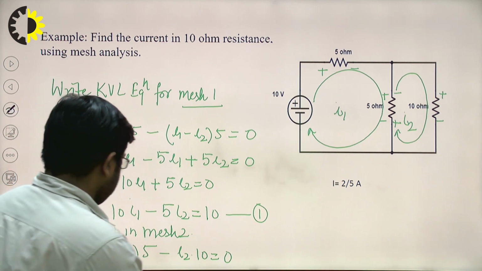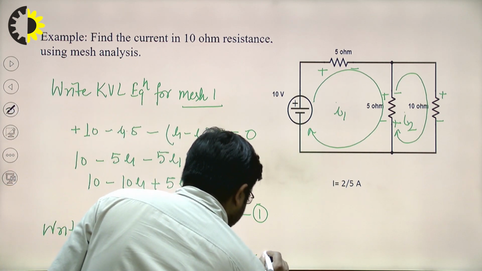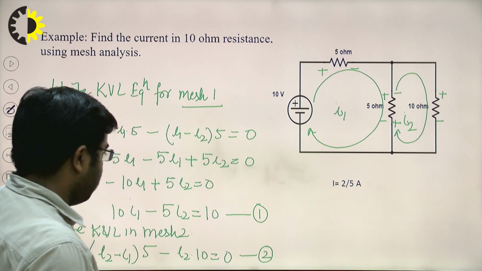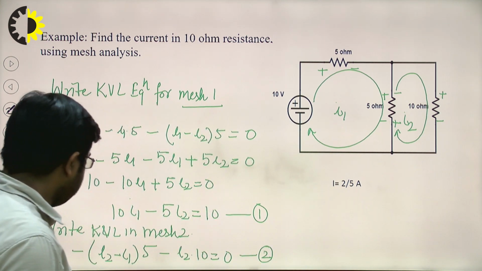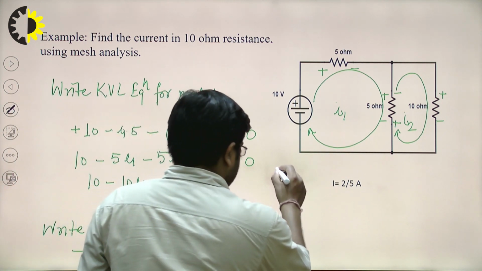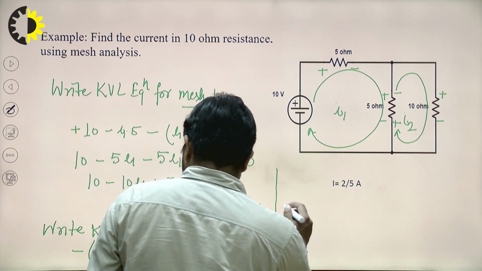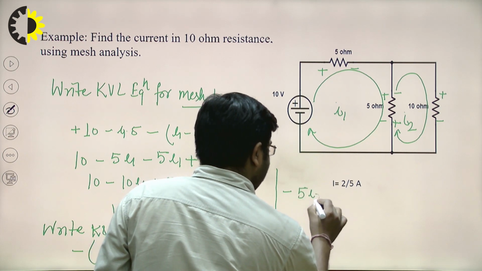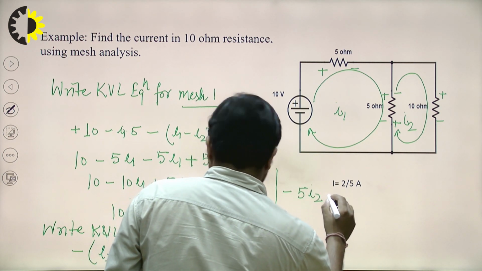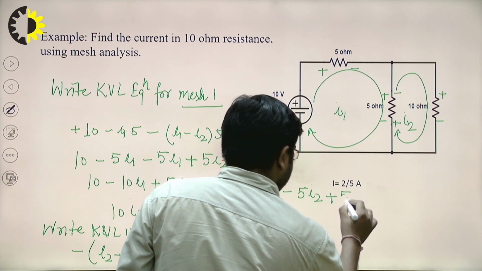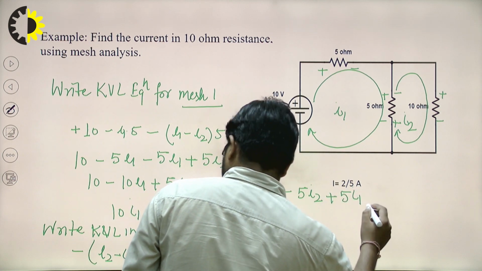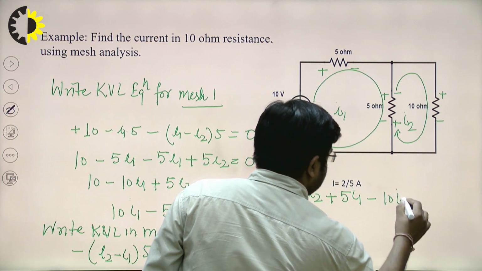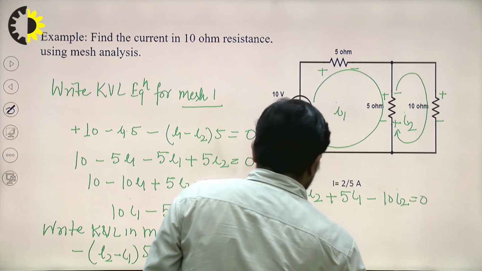So from this equation you can write, this is equation number 2, suppose, sorry, first rearrange this equation. So here you can write minus 5I2 plus 5I1 minus 10I2, that is equal to 0.